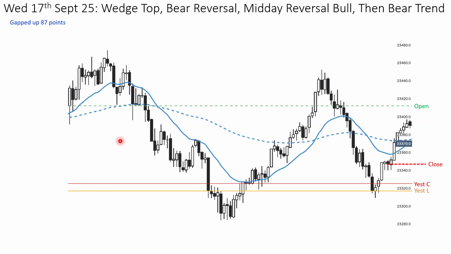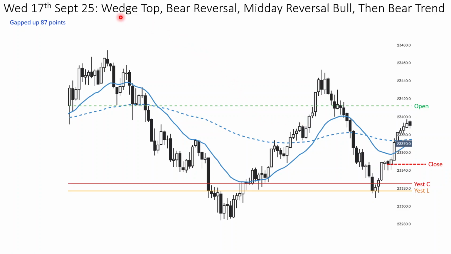So, starting the day, we had a gap up of about 87 points, and on the chart I have the day's open marked, the day's close, yesterday's close, and yesterday's low.